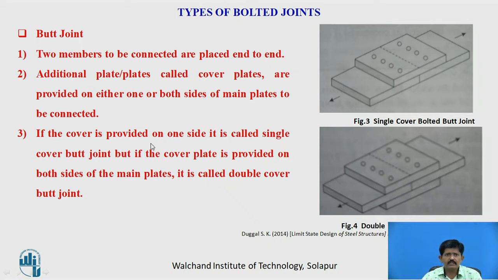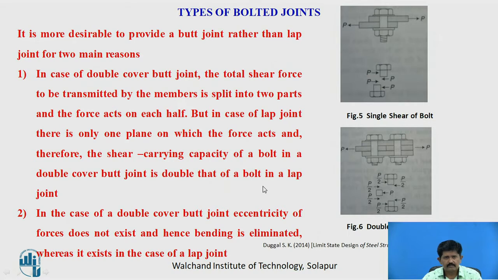If cover is provided on one side, it is called single cover butt joint, and if the cover is provided on both sides, it is called double cover butt joint. It is more desirable to provide a butt joint rather than a lap joint for two main reasons.